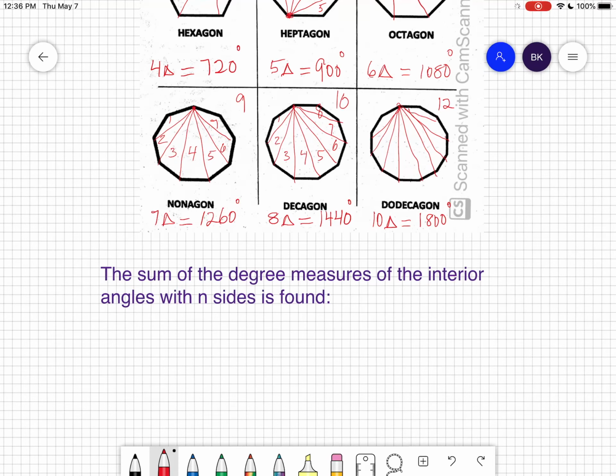Okay, so the formula says, I'm going to do, I don't know, how about green? Basically, since the number of triangles is 2 less than the number of sides, I'm going to put n.